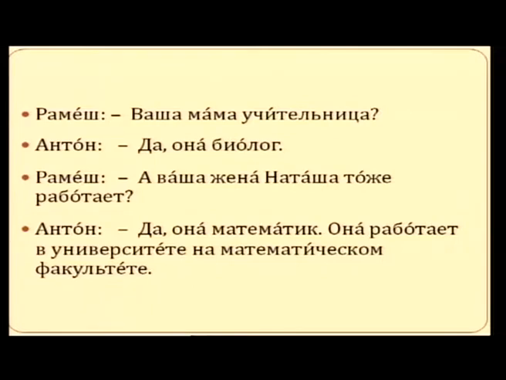Accordingly, when asked about Anton's wife, а ваша жена Наташа тоже работает? Anton replies, Да, она математик. Here математик, which means mathematician, has been used. It can also be used with он or она. He further says, Она работает в университете на математическом факультете.